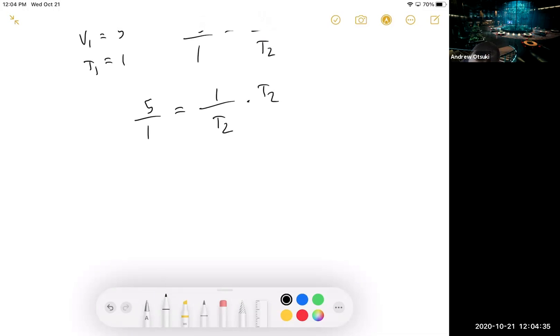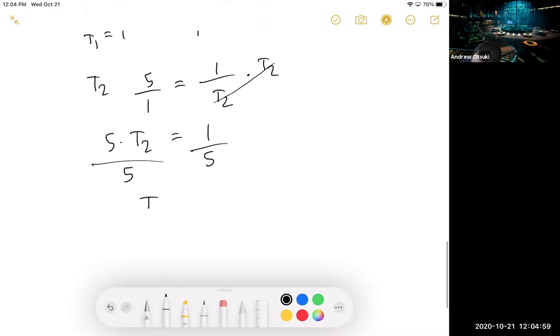Multiply both sides by T2, and we get 5 times T2. 5 divided by 1 is 1, right? Then we get 1. So T2, divide both sides by 5. Now we see that T2 is 1/5.